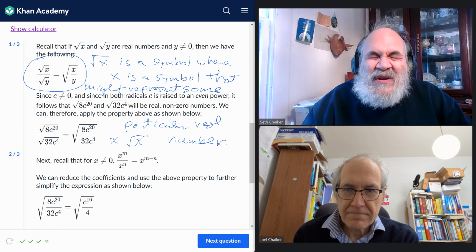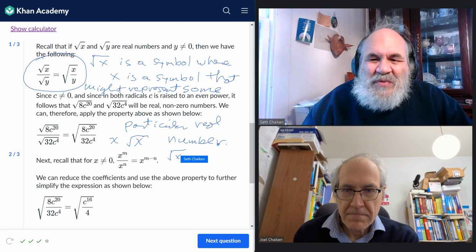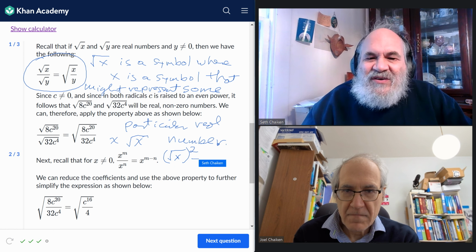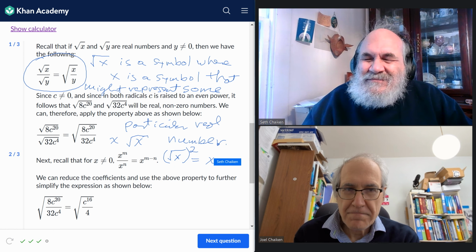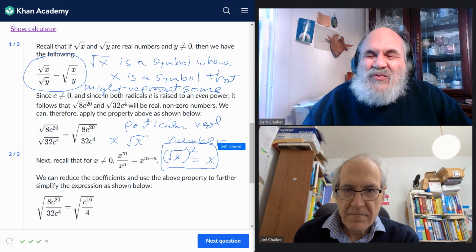And then when you do algebra, this is an algebra calculation. You calculate that the square root of x squared is x. And this one calculation is one calculation that you as a person will do.